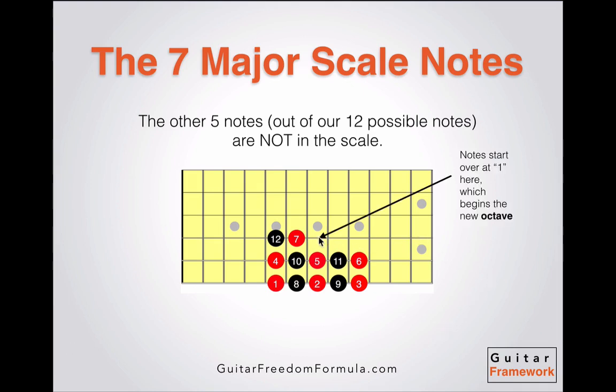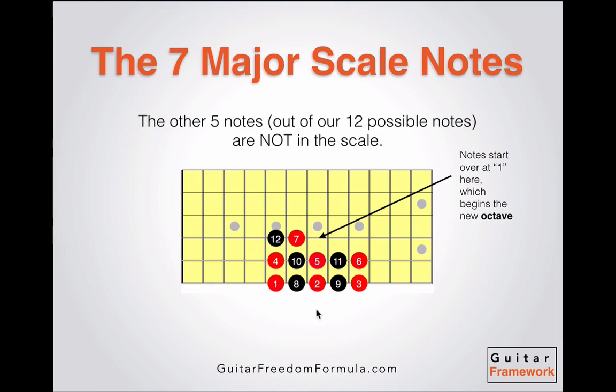So remember again that after note number 7 in our major scale, note number 1 is going to start over again right here in the new octave. Okay, but we're only talking about 1 octave right now. And I know these numbers may look a little bit confusing, how we have 1, 2, 3, 4, 5, 6, 7 in red notes, and then we have 8, 9, 10, 11, and 12 in black notes.